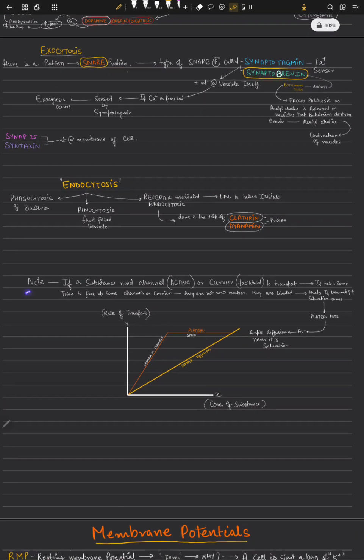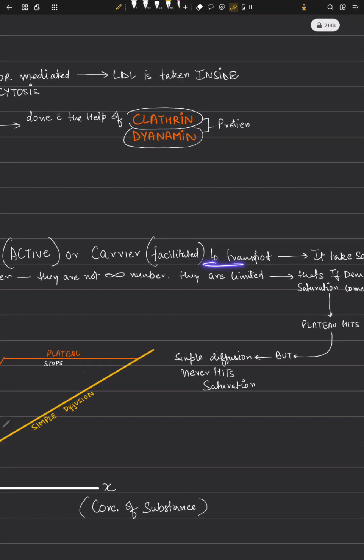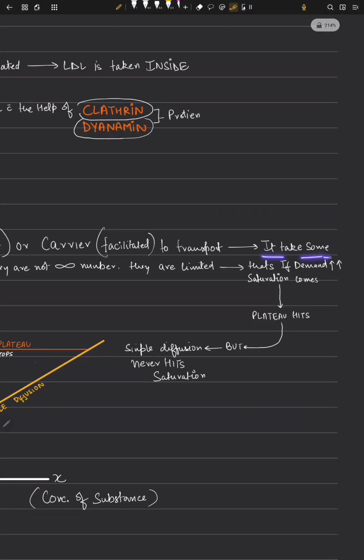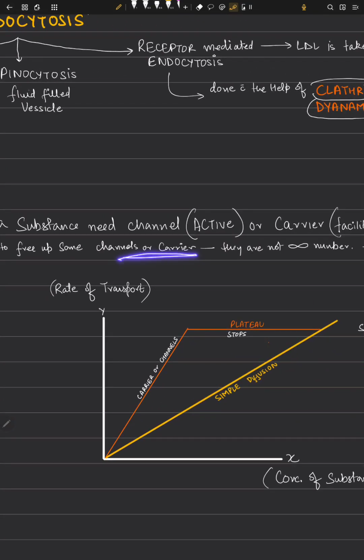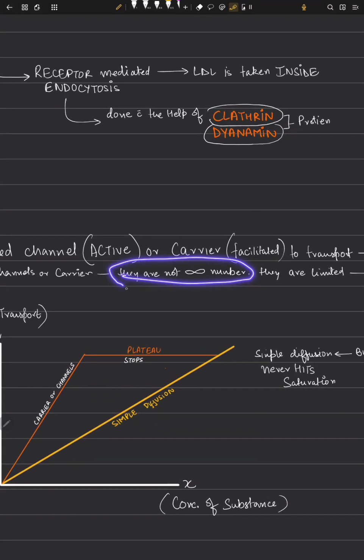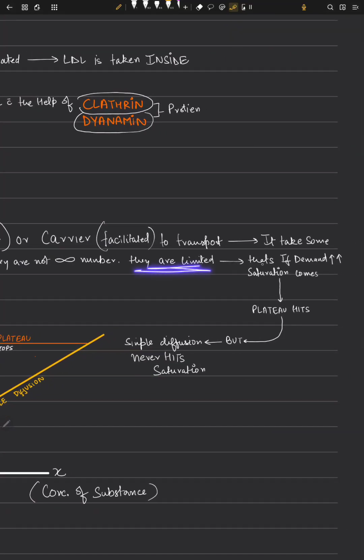Okay, again, note, if a substance needs a channel, of course, or a carrier to transport itself, it takes some time to free up these channels or carriers, because they can be overloaded. There are not infinite numbers of channels and carriers in the cells in your body. They are limited. So if the demand increases a lot, the saturation comes and the plateau hits.